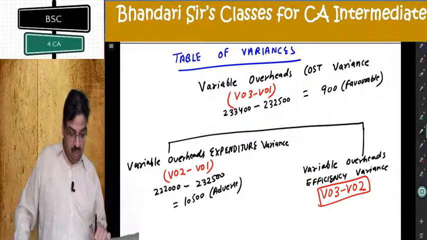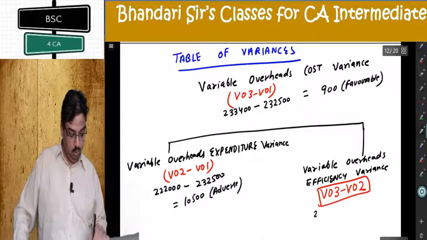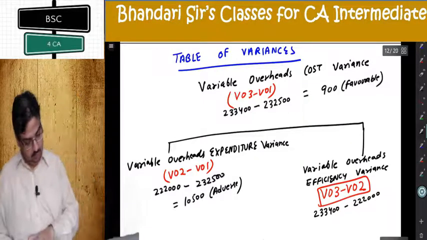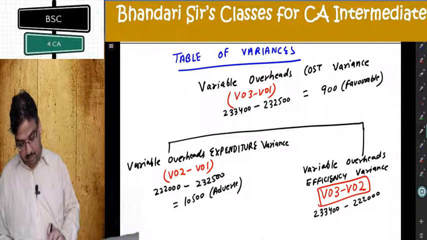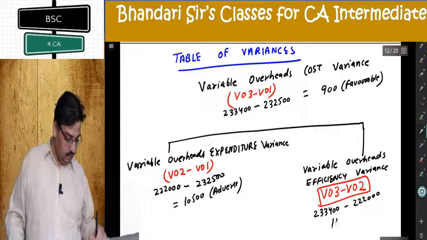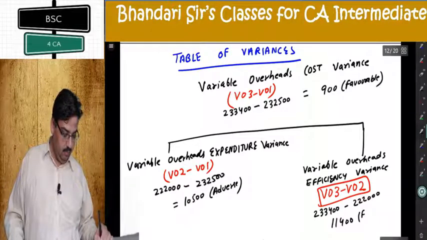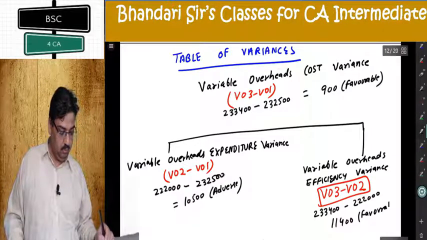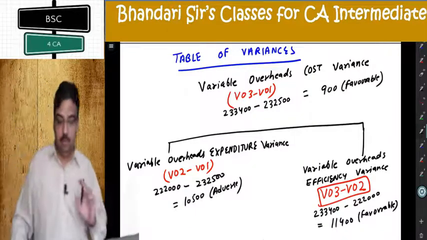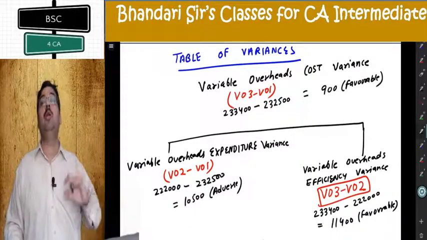And efficiency, VO3 minus VO2, 233,400 minus 2,22,000, 11,400 favorable. This was the variable overhead category here.